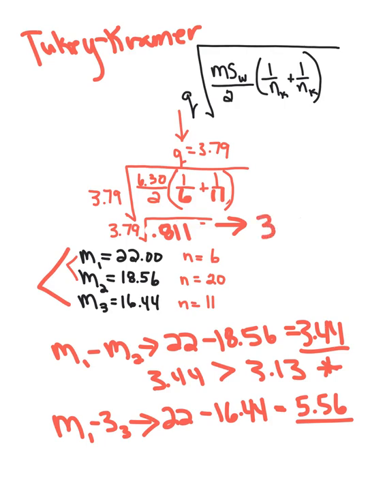So that's 3.41. Okay? So now I can compare 5.56 and 3.41. So 5.56 is less than 3.41, so there's no significance in that group.